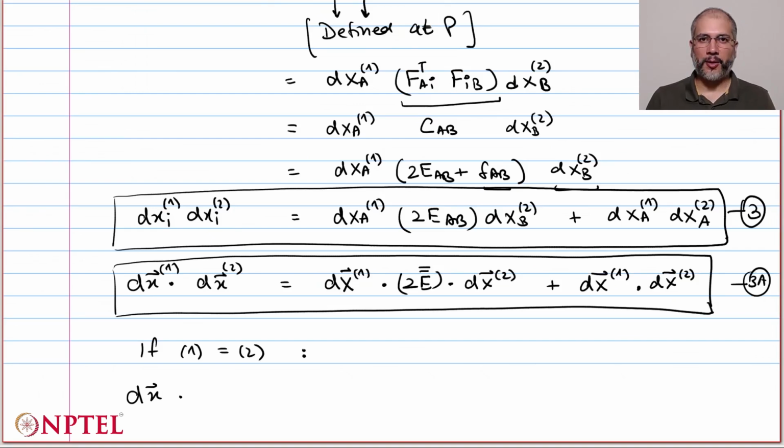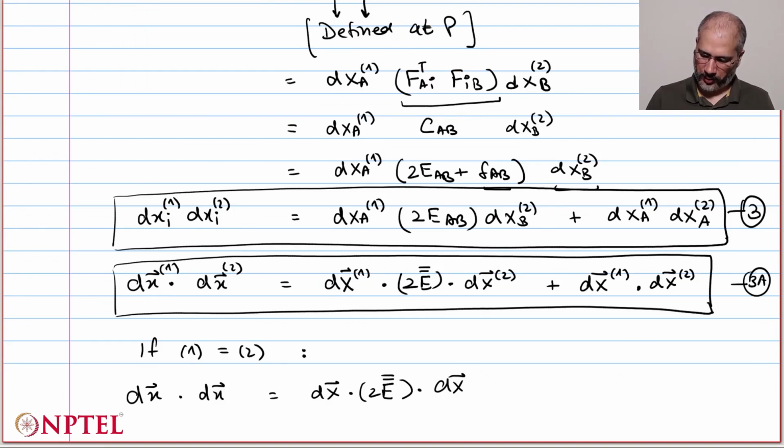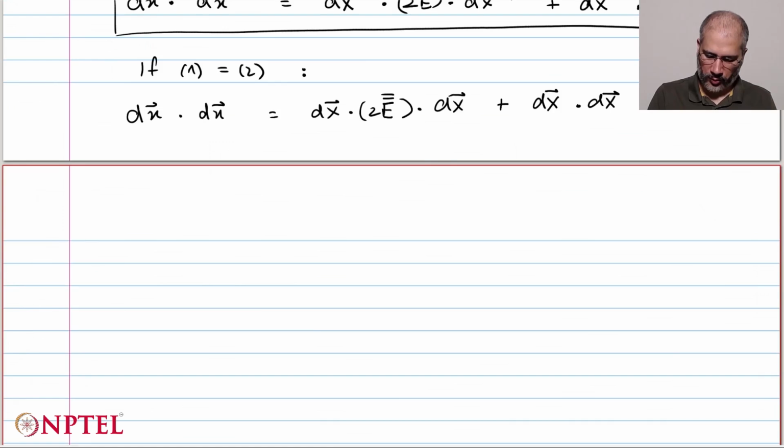So there's only one vector d small x that we're working with, dotted with d small x, and this is d capital X dotted with 2E dotted with same d capital X, plus now we have d capital X dotted with d capital X. So d small x dot d small x is simply the magnitude of d small x squared, and then I moved this to the left as well. So this is d capital X squared, that equals d capital X dot 2E dot d capital X.